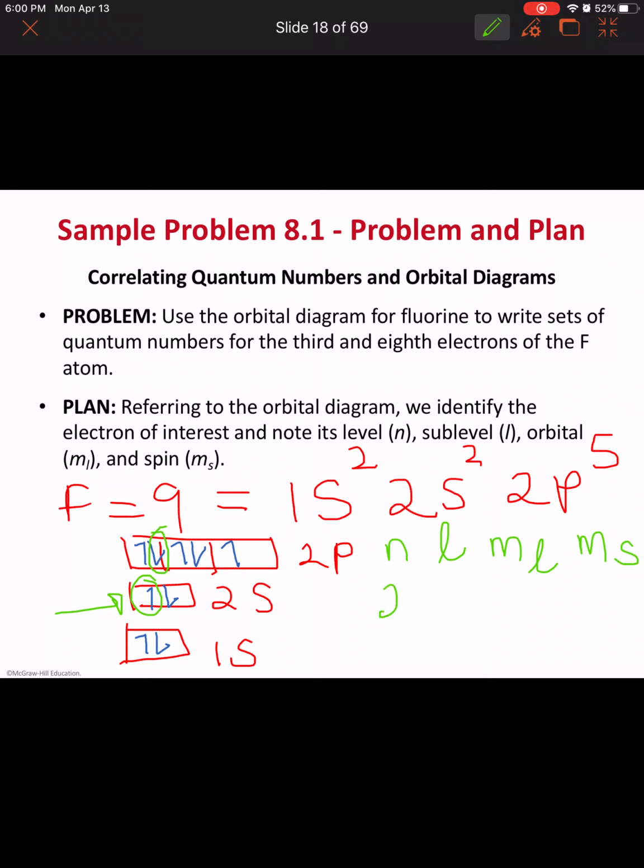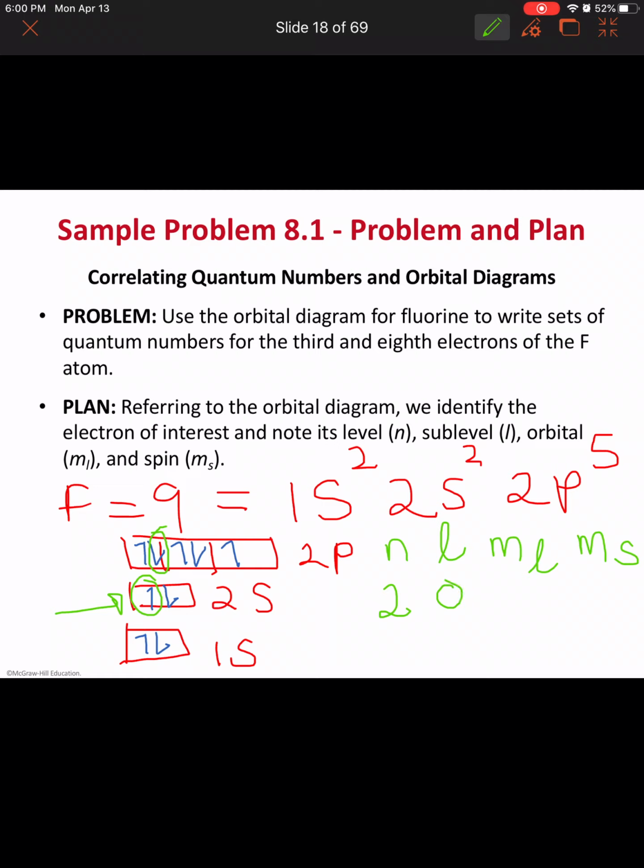So n is going to be 2. And it is in the 2s orbital. If it is s, what is the l value for that? That's going to be 0. Remember SPDF? 0 for s, 1 for p, 2 for d, 3 for f. So the l value, if it is an s orbital, is going to be 0.